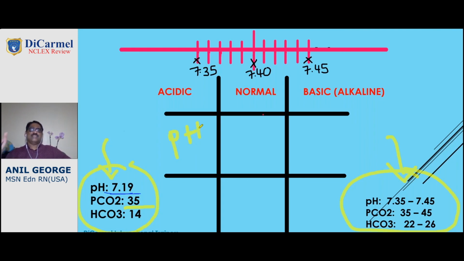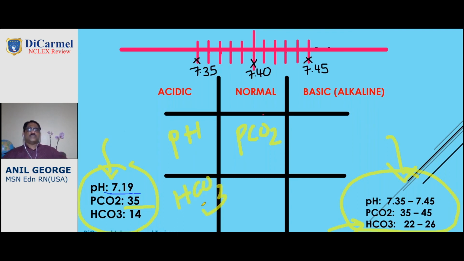It is normal, right? It is 35 to 45, so it is still within the range. So the pCO2 is going to come here in that case. And what about the bicarb? Bicarb is 14. What is our normal value? 22 to 26. So bicarb 14 is less than 22, it is acidic. So we're going to put the bicarbonate here.